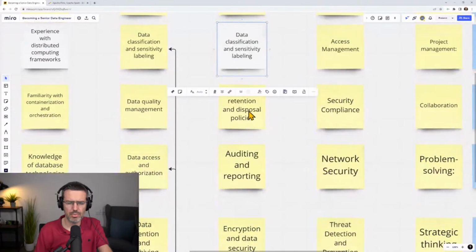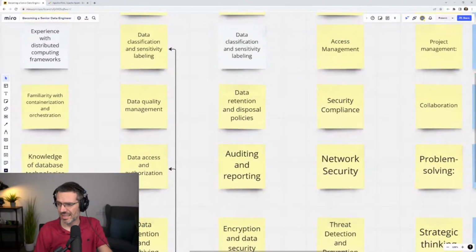Retention and disposal policies. Data. That's actually something very interesting. We were talking about deleting the data after some time, and which one to delete, which one to keep, for how long to keep. But actually the disposal is also something important because you want to dispose of the data properly.